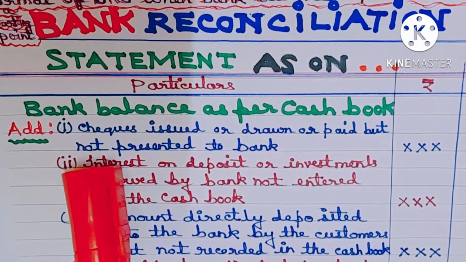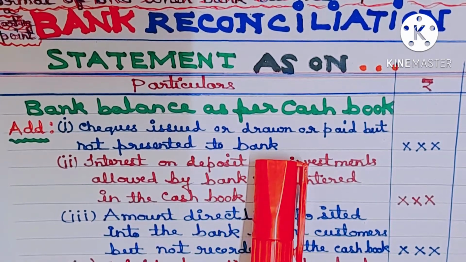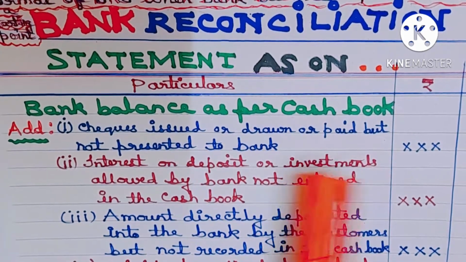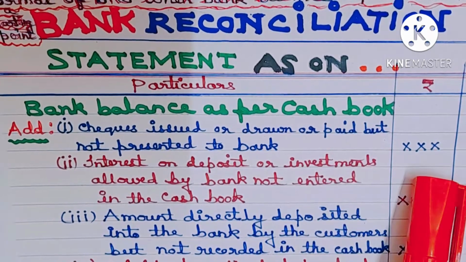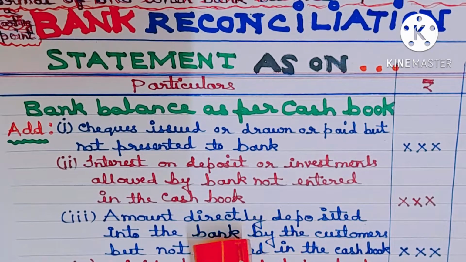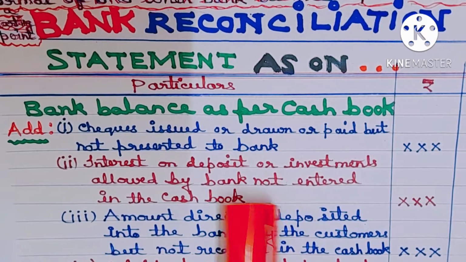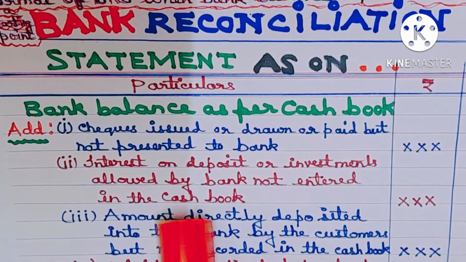Add. Number 1. Checks issued, drawn or paid, all meaning the same thing, but not presented to bank. The amount will be written in the first column or inner column. Number 2. Add interest on deposits or investments allowed by bank not entered in the cash book.